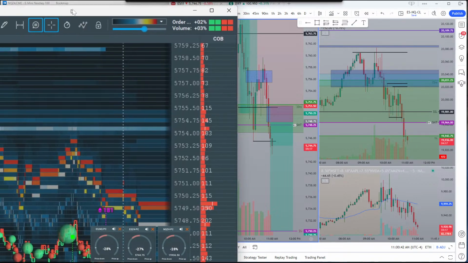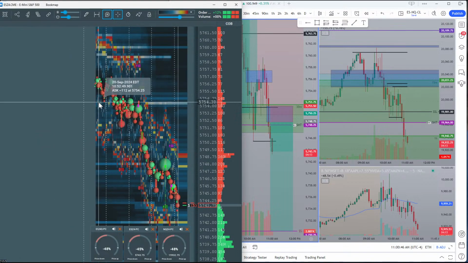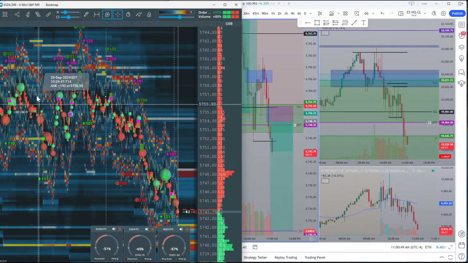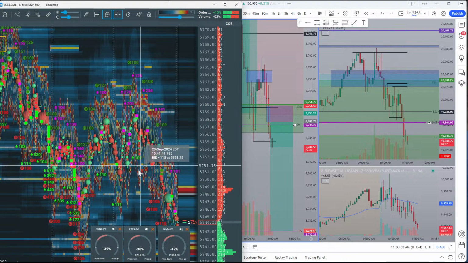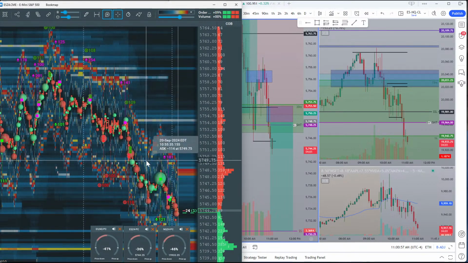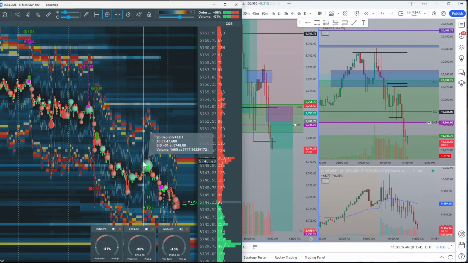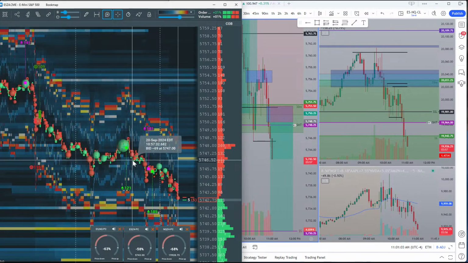Throw a bookmap up over here. The selling has been pretty weak to the downside, right? We're not getting strong selling bubbles, but low volume is going to do that. It's going to either give us chop or it's going to give us a drop. No support, we're going lower.